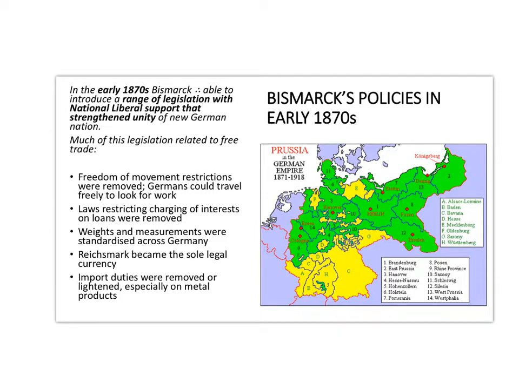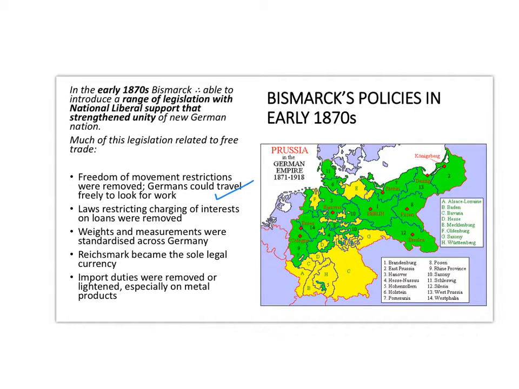So, the detail, again, you can pause and play it, but much of the legislation related to free trade. So the details there, Germans can now travel freely around Germany, so all of those internal, you can see there on the map, the different states, but previously they were separate countries.